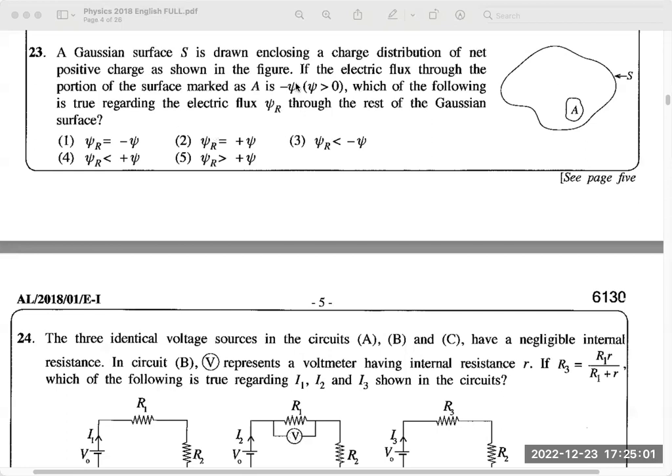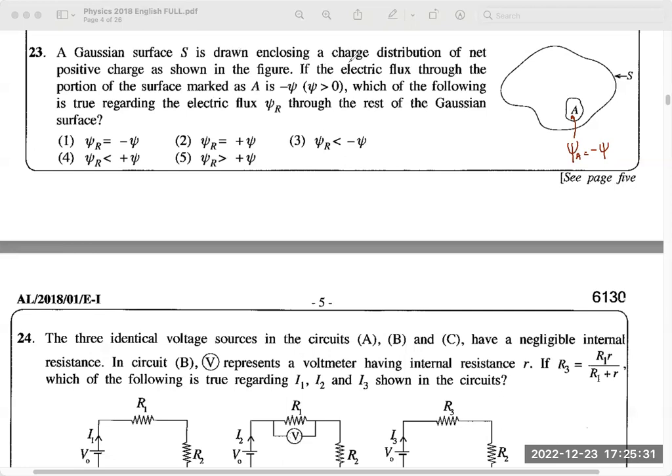Now we have to understand one thing very clearly. Psi is a positive value, but we have minus. So that means through this area we have electric field lines going in. Here they have given psi a to be equal to minus psi. This minus psi is a negative value, remember, it's like something like minus 5.